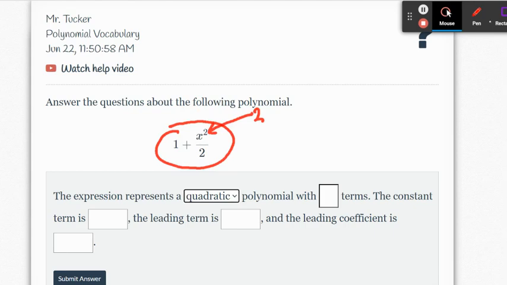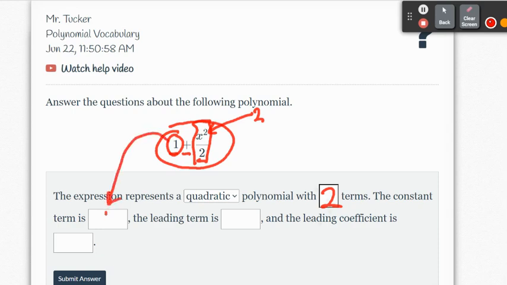Now there are also 2 terms, which isn't why it was called a quadratic, but there is a plus sign with 1 term, 2 terms. So second term, first term. There are 2 terms here. The constant term is this 1. So the 1 goes right here. It's the constant term. The leading term is this x squared over 2. So x squared over 2 is the leading term.